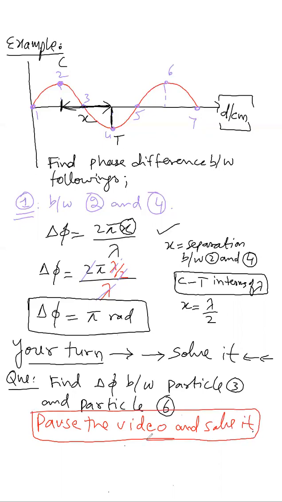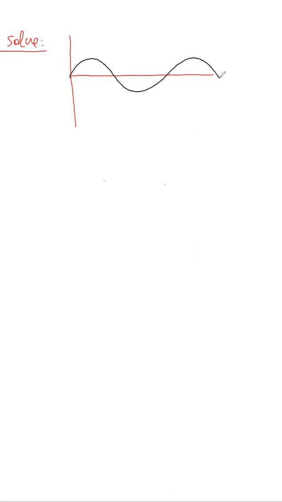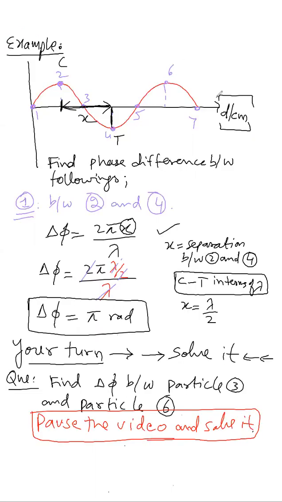Okay, hopefully you must be done with the question. So let me solve it for you. The question was that there was a wave with the particles 1, 2, 3, 4, 5, 6, and 7, and you were required to find the phase difference between particle 3 and 6.